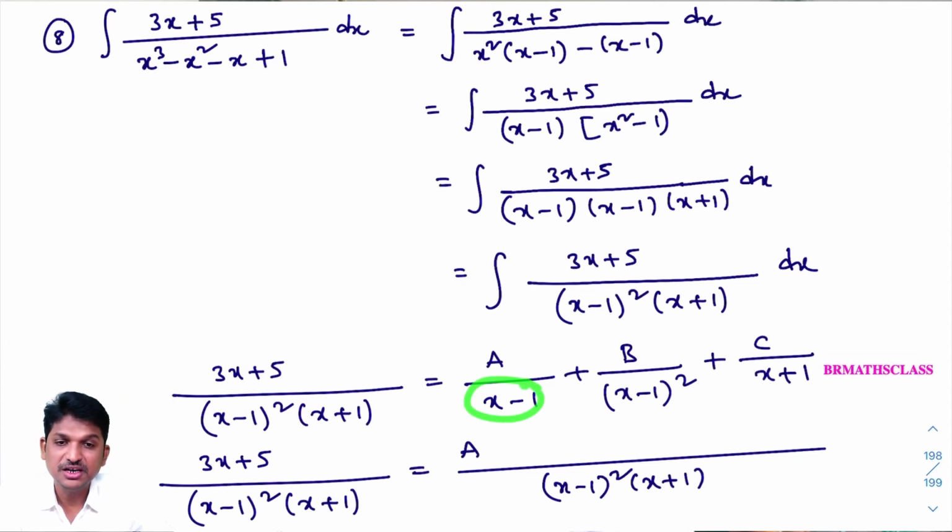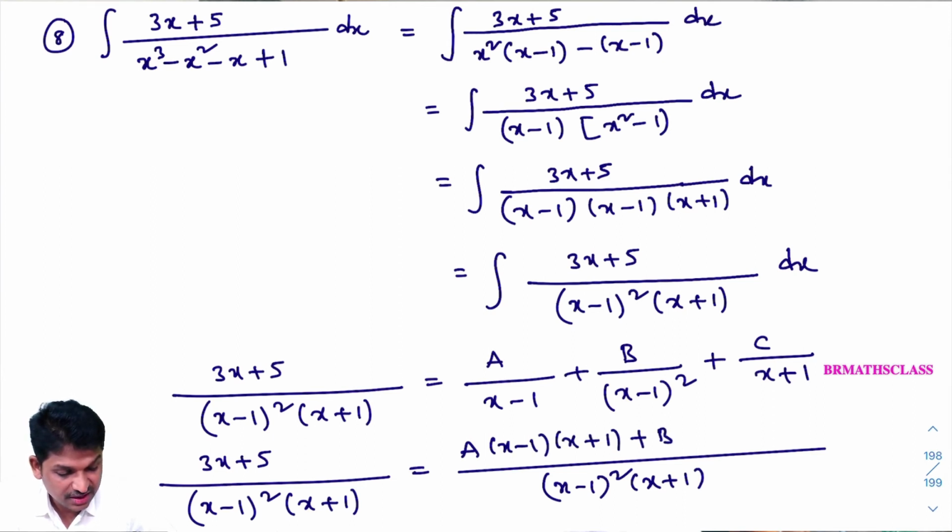For this, by multiplying with what will you get? A into x minus 1 into x plus 1. Plus b into, look here, x minus 1 whole square is there. B into x plus 1. In the last problem I explained the same type. Plus c into x minus 1 whole square.